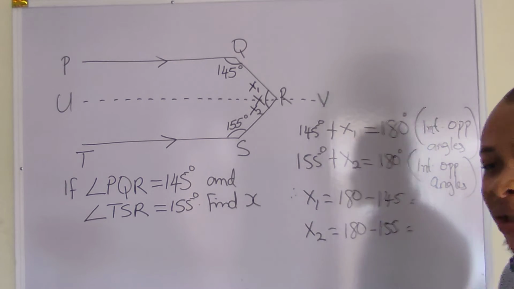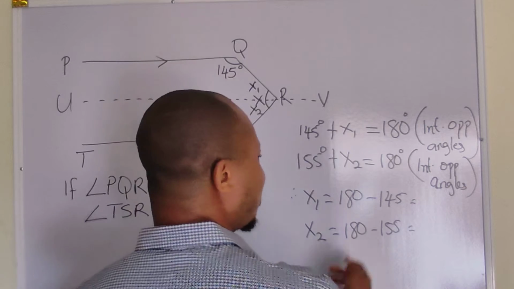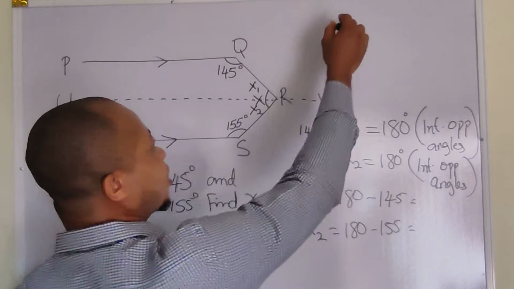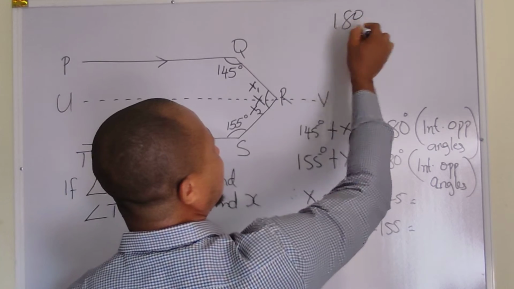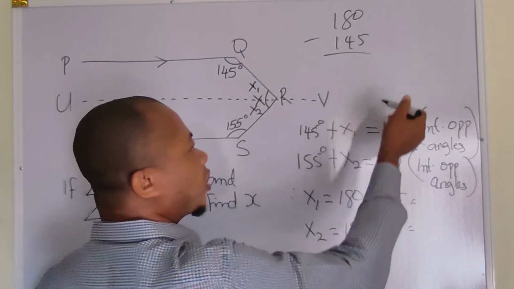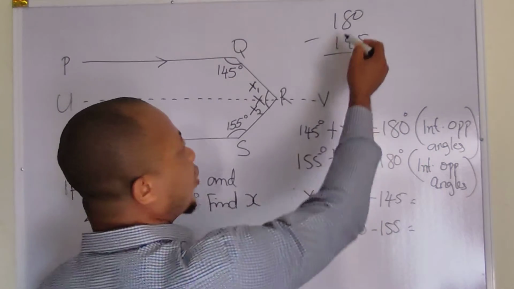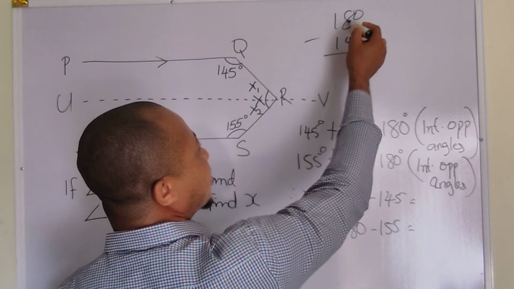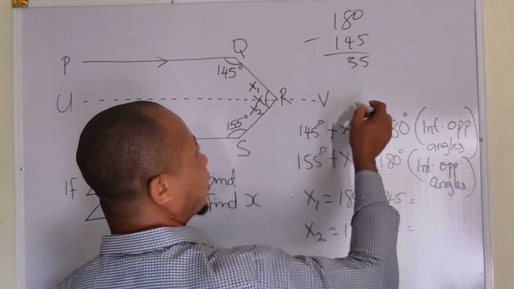Now let's go ahead and subtract 145 from 180. Let's do it here. 180 minus 145. You cannot subtract 5 from 0, so you borrow 1 from here, which is 10. 10 minus 5 is 5. This remains 7. 7 minus 4 is 3. So this is 0.